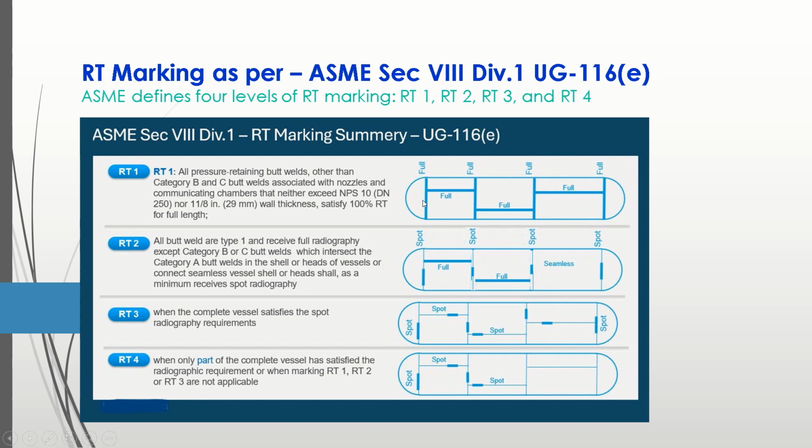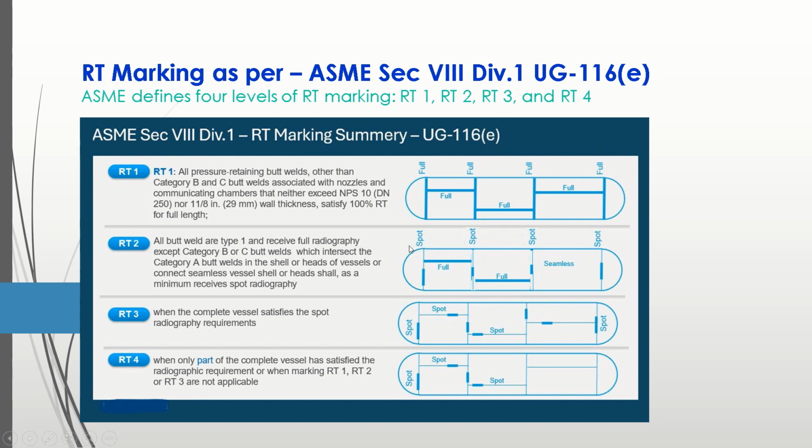All the long seams and all the circumferential seams are radiographed. In addition, nozzles which exceed DN 250 or 29 mm thickness will also be fully radiographed. Then it is called RT1.